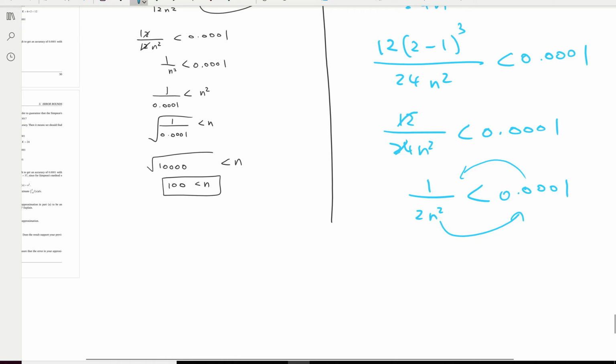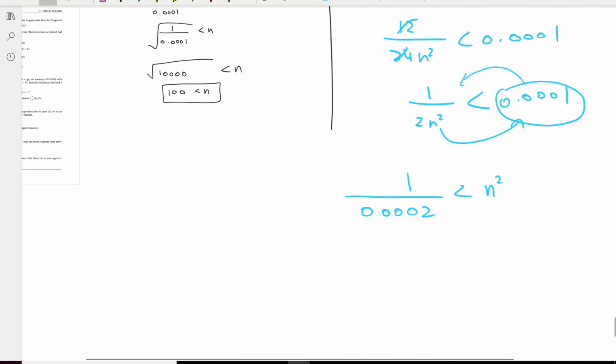So we are going to get n squared greater than 1 over 2 times 0.001, which is 0.002.